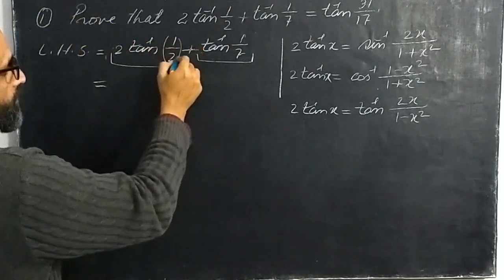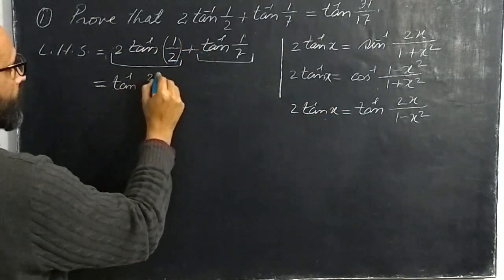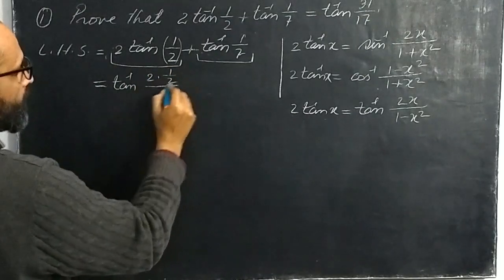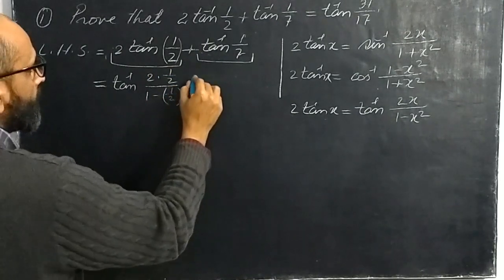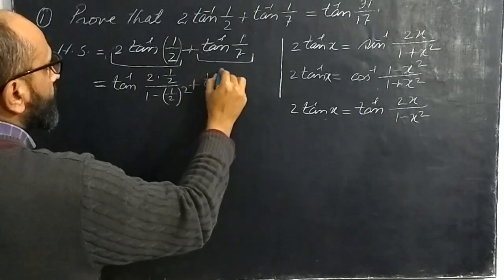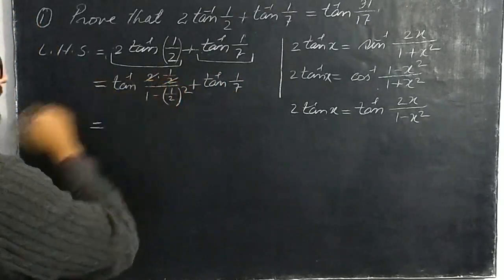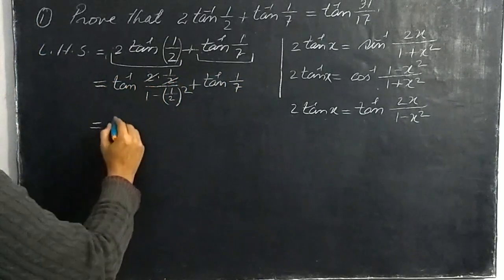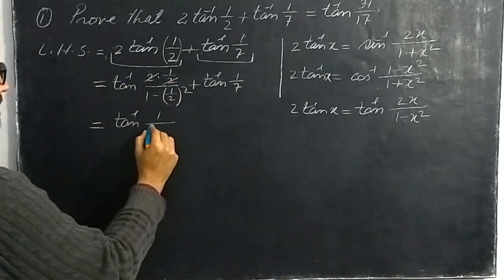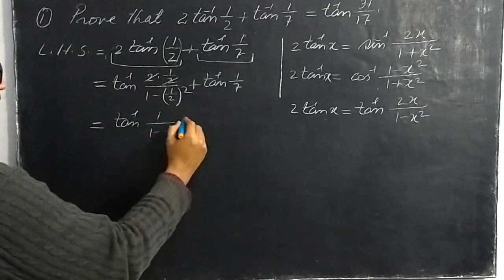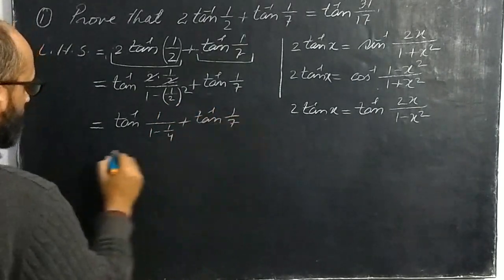Here x is half, so we get tan inverse 2 into half upon 1 minus 1 upon 2 square plus tan inverse 1 upon 7 as it is. Now this 2 will cancel this 2, and in the numerator we get 1, and in denominator we have 1 minus 1 upon 4, plus tan inverse 1 upon 7.